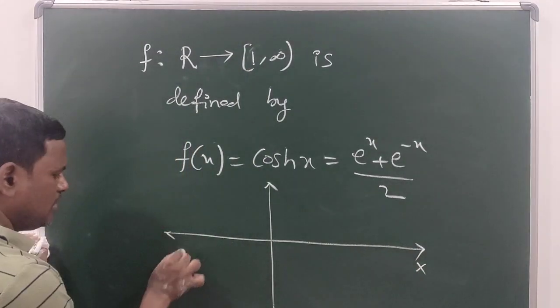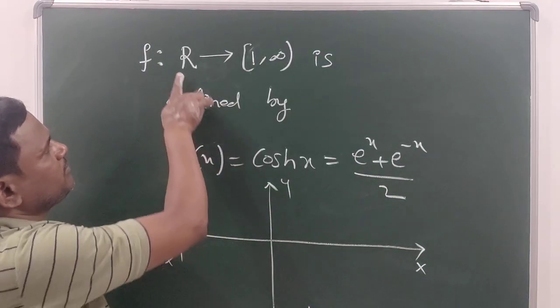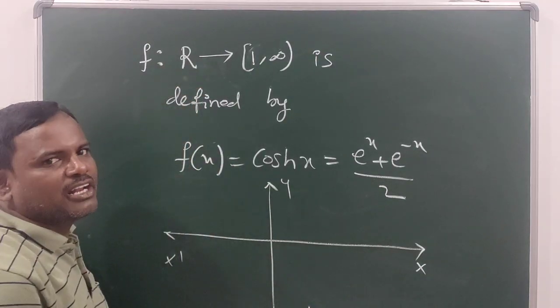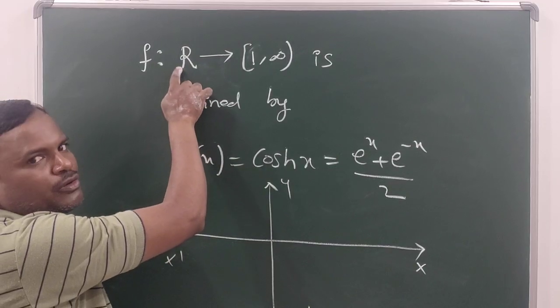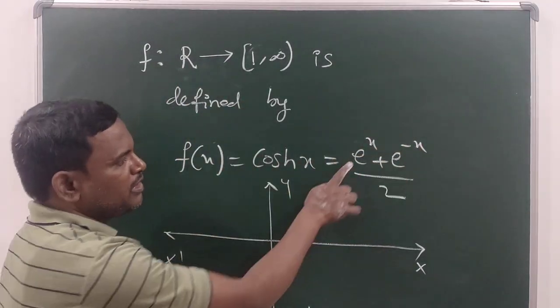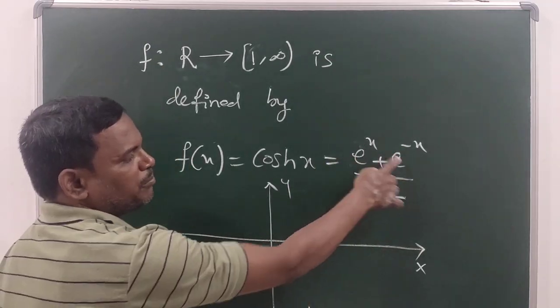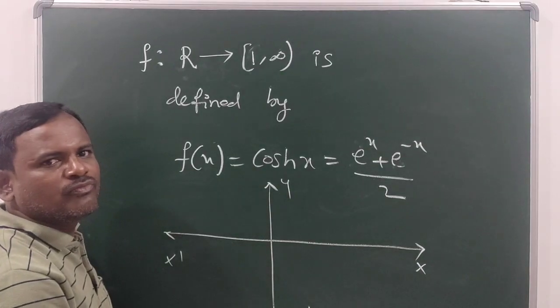X dash, y dash. See, it is defined on the entire real number set. Suppose you put the domain value as 0: e power 0 becomes 1, e power minus 0 becomes 1, 1 plus 1 is 2, 2 by 2 is 1.